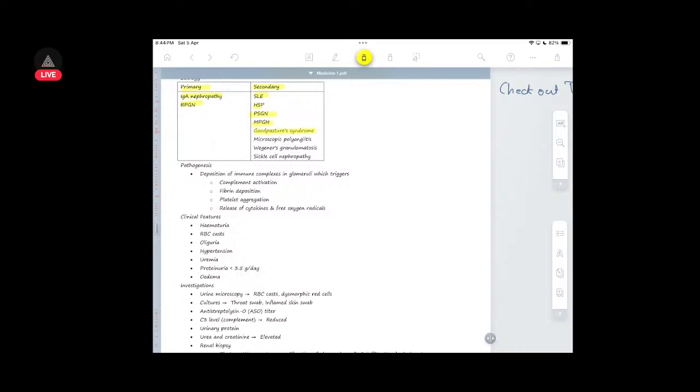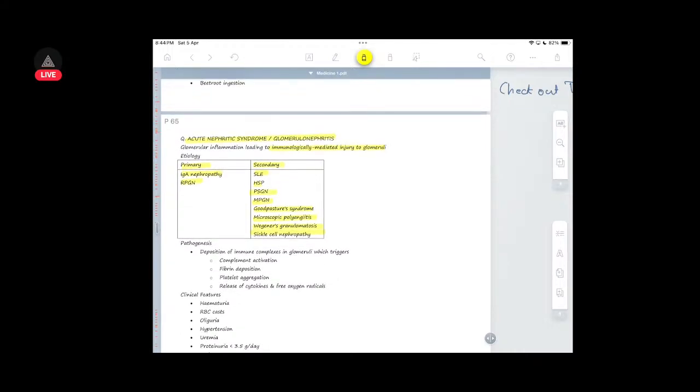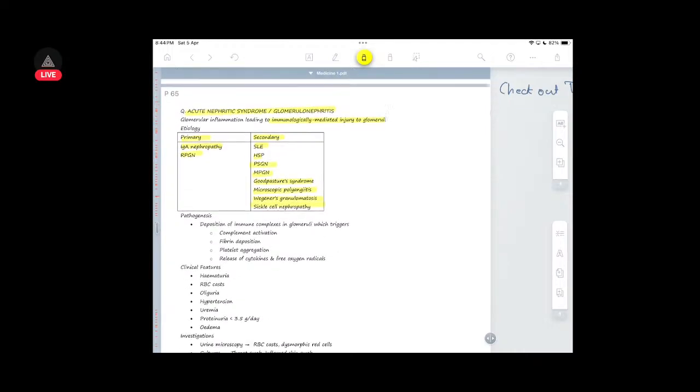Secondary: SLE, then Henoch-Schönlein purpura, and MPGN, membranoproliferative glomerulonephritis. Goodpasture syndrome, microscopic polyangiitis, and Wegener's granulomatosis are all immunologically mediated injury to the glomeruli.